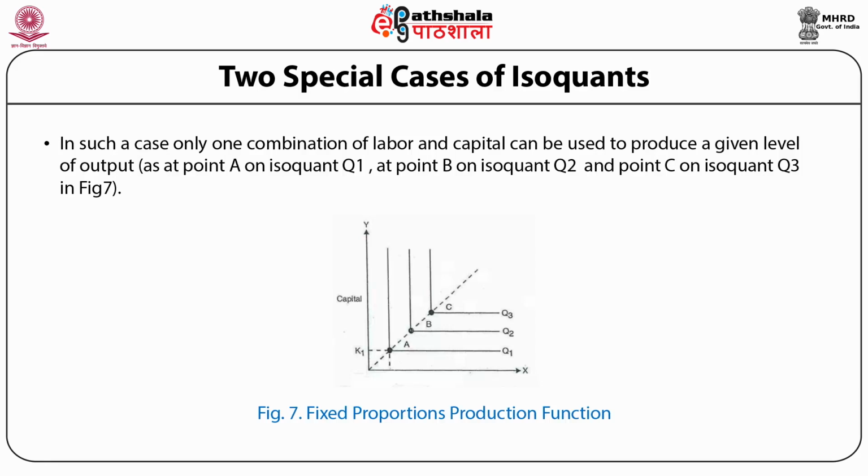For example, to produce Q1, input combinations of OL1 and OK1 are needed. Keeping capital at OK1 and increasing labor quantities wouldn't increase output. Similarly, keeping labor fixed at OL1 and increasing the quantity of capital would not change the output level.